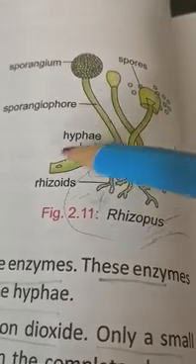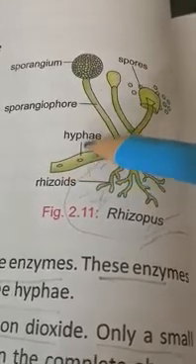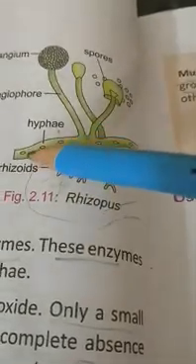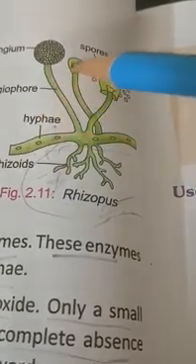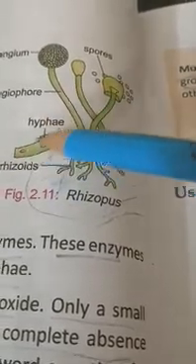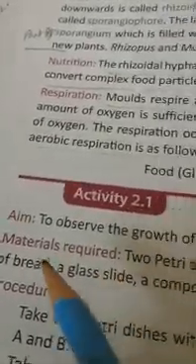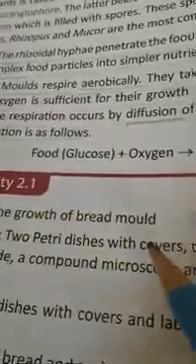The wall of the hypha allows the oxygen to move inside. In the same way, the carbon dioxide which is produced will move out through the wall into the atmosphere. That happens through our nose, but here it is happening through the surface of the hypha. Have you followed?